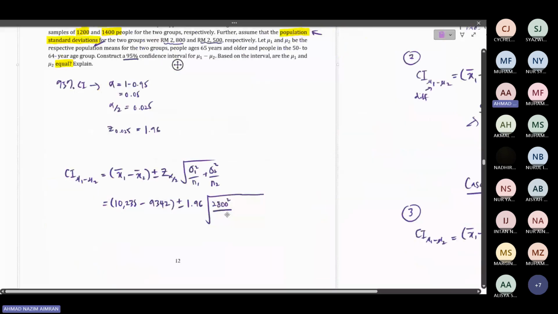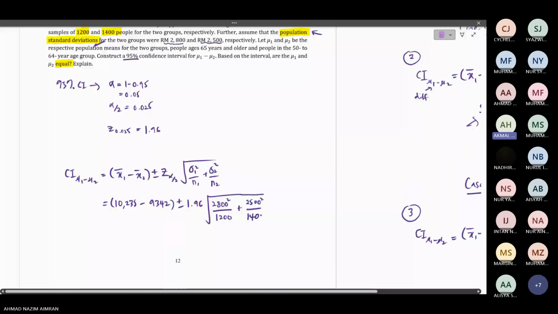Now you can solve the equation and find the lower and upper boundary.